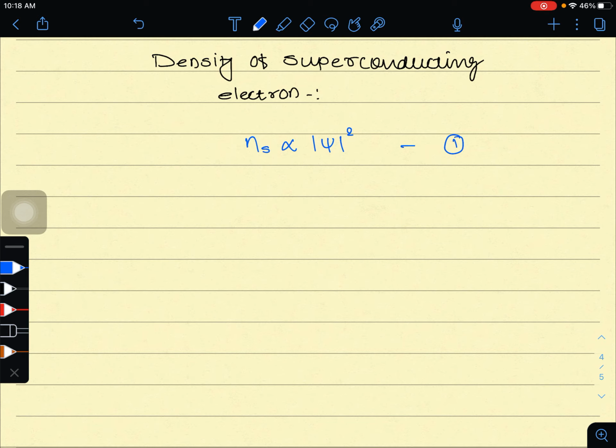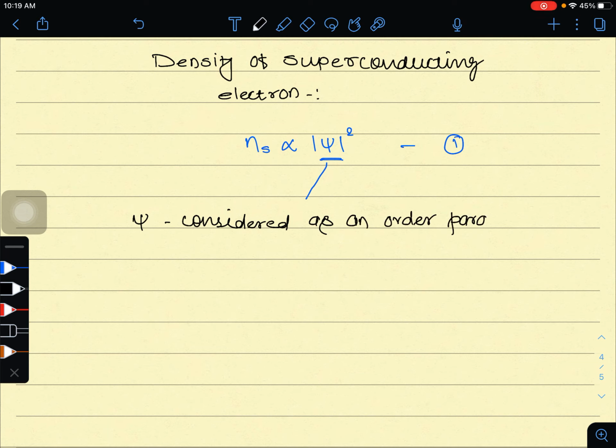Now psi is called the complex wave function, and we consider it as an order parameter.